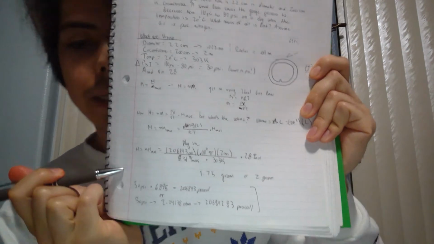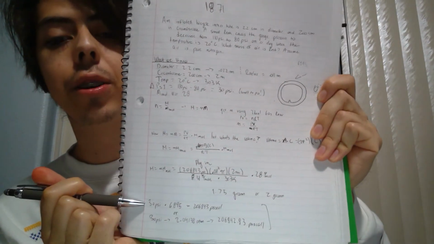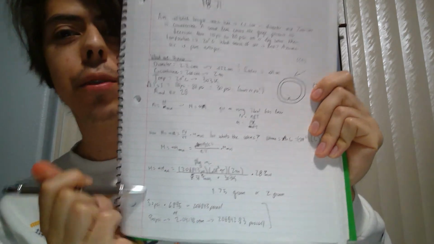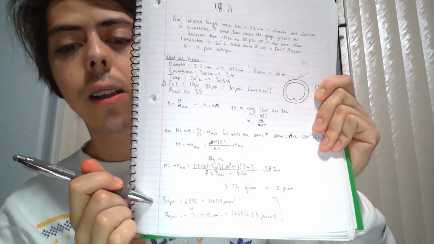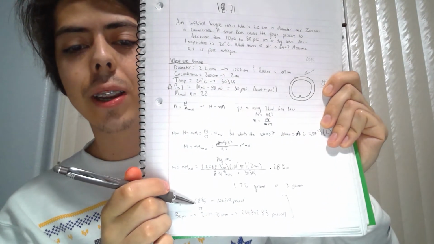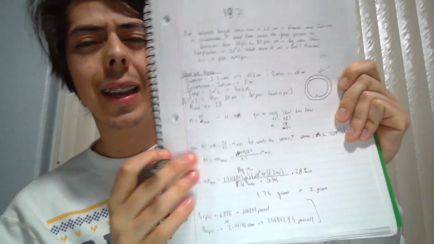And then down here, you can't really see that. Down here is how I converted to pascals, because remember that when you do these equations, you have to use pascals. For PSI, you can multiply by 6,900 or 6,895 to get an approximate amount.